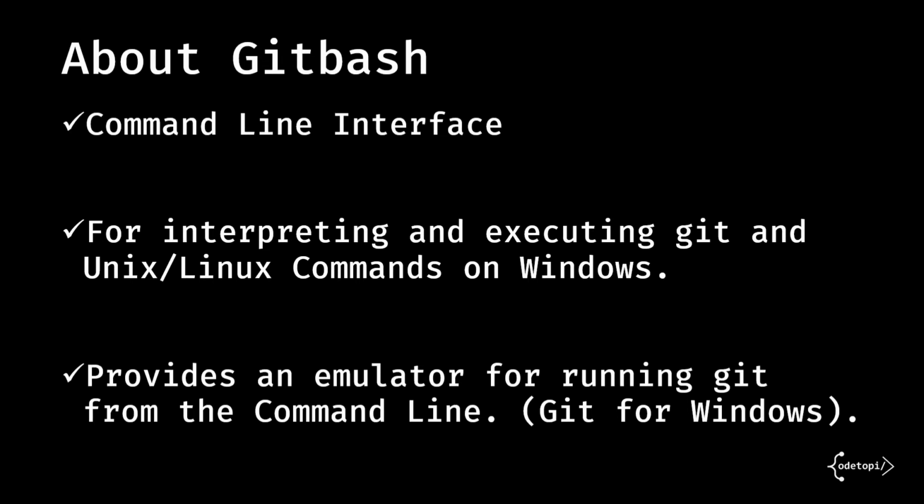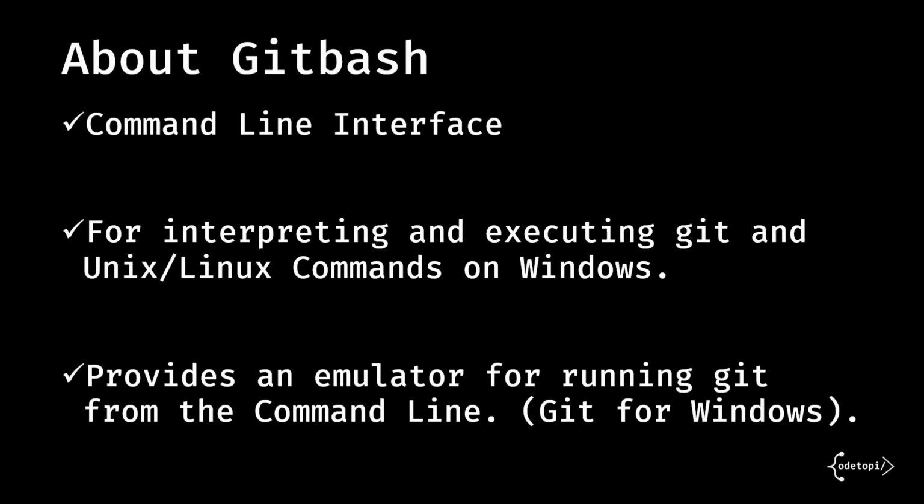All right, so now Git Bash can be used for interpreting Git commands and also Unix and Linux commands on Windows. So for those of you who are coming from the Linux background and also the Unix background, you can use Git Bash effectively. All right, so now Git Bash provides or serves as an emulator for running Git commands.